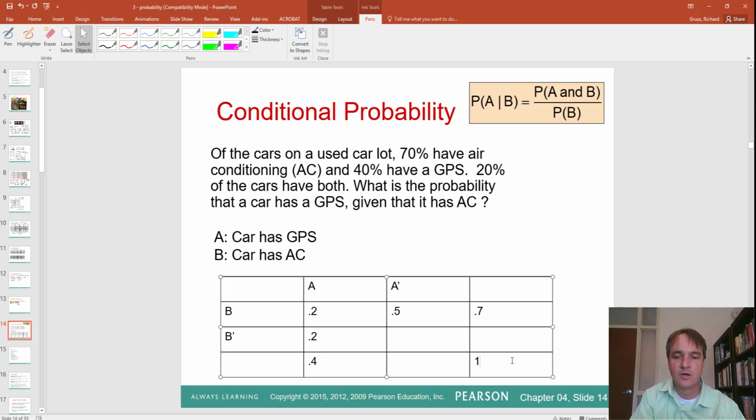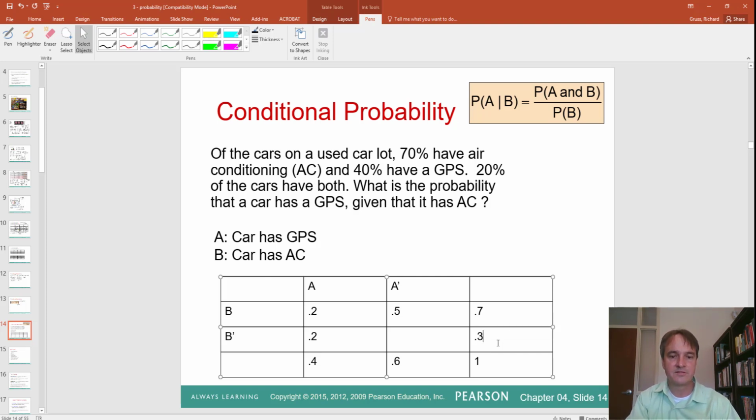Okay, so we can get these other joint probabilities by knowing that fact, right? So if 40% have GPS, that means 60% don't. And likewise, if 70% have air conditioning, that would mean that 30% don't.